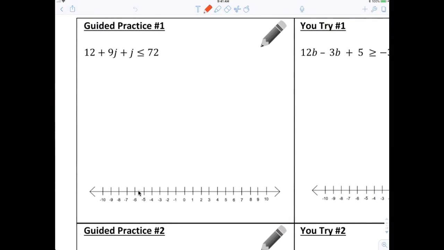Here we go. For practice number 1, what do I have to do first? Combine like terms. When I combine like terms, I get 12 plus 10j is less than or equal to 72. Perfect. Now what?